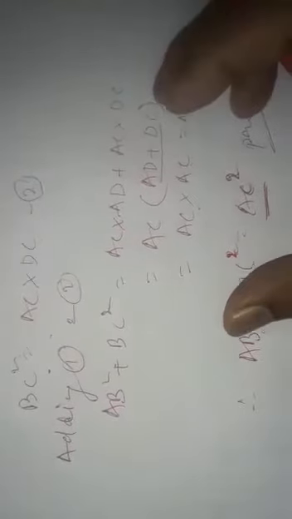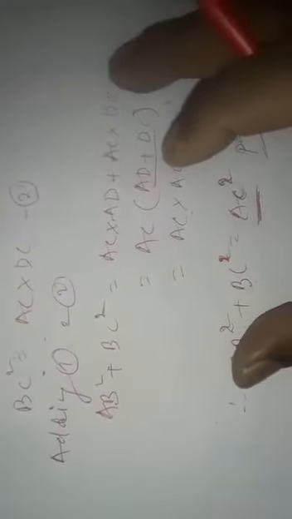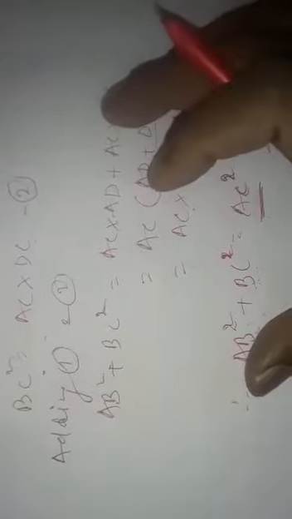In the theorem, the proof part carries 2 marks, and given, to prove, correct figure and construction if required, all these carry 2 marks.